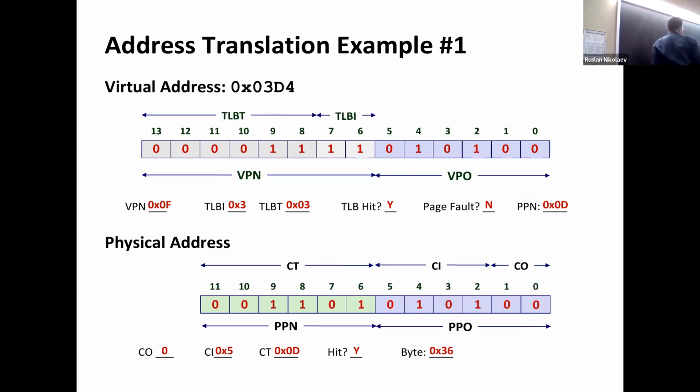So that's our physical page offset. And then the physical page number we have just retrieved from the TLB. This is 0D, and what is D? That is 1, 1, 0, 1.